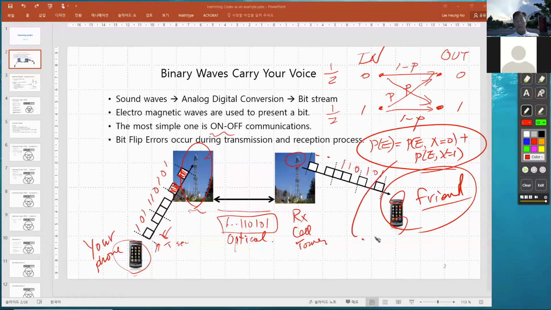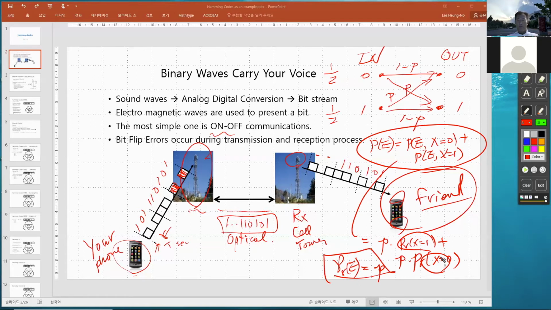If you continue to do that, that is nothing but p times the probability of x equal to 1 plus p times the probability of x equal to 0. So these two, half and half. So this is the probability p. So that's the probability of error.